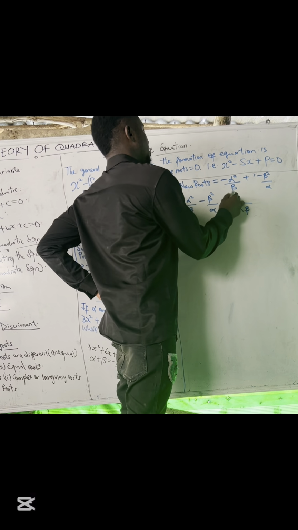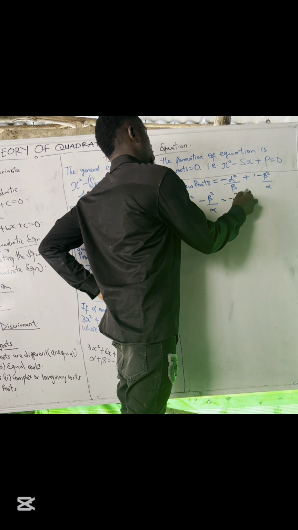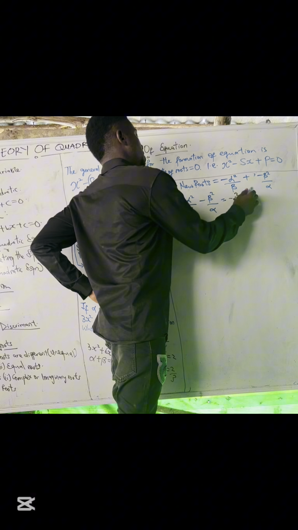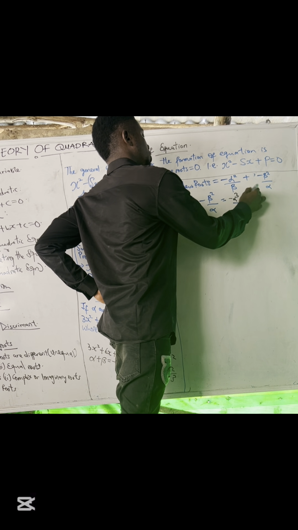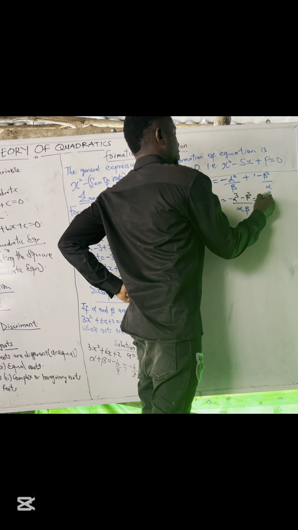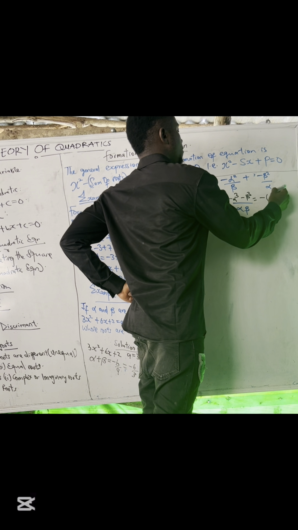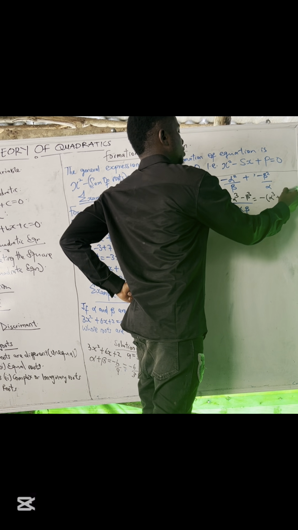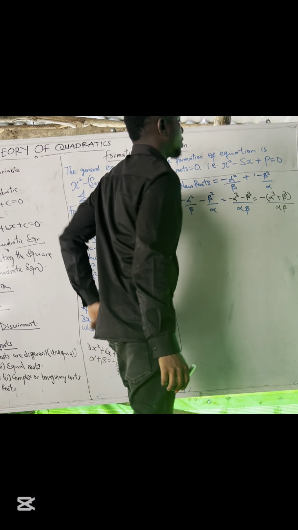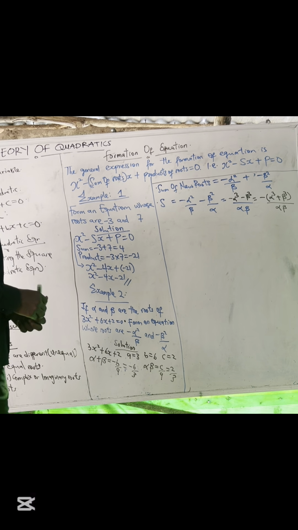Alpha times alpha square, that is minus alpha cube. If I remove alpha from alpha beta, it remains beta. And this will be minus beta cube, because beta times beta square is equal to beta cube. So I can have an expression like minus alpha cube plus beta cube all over alpha beta.